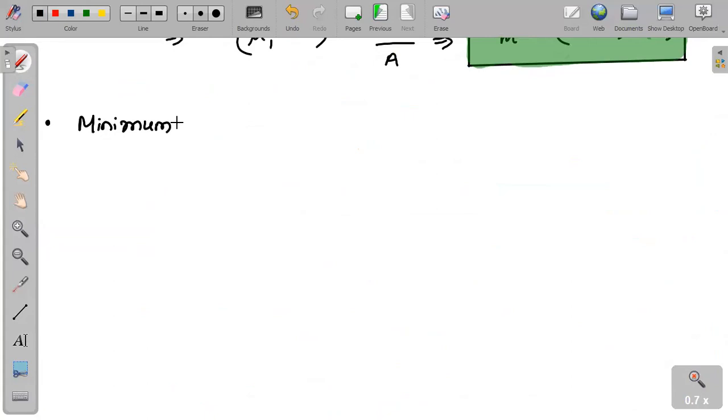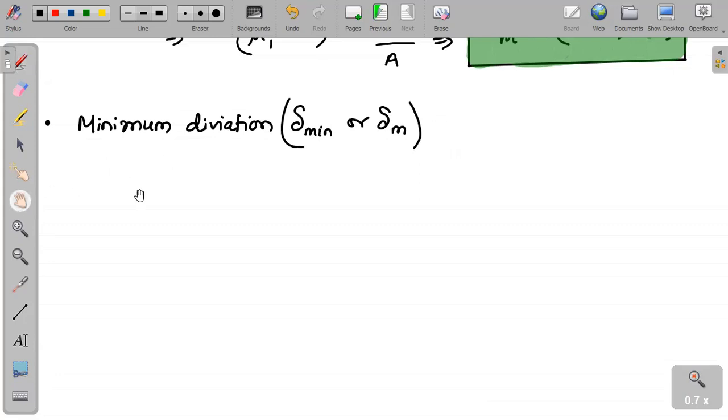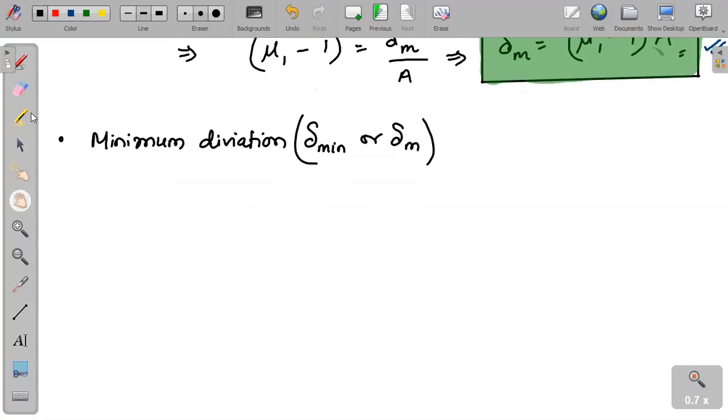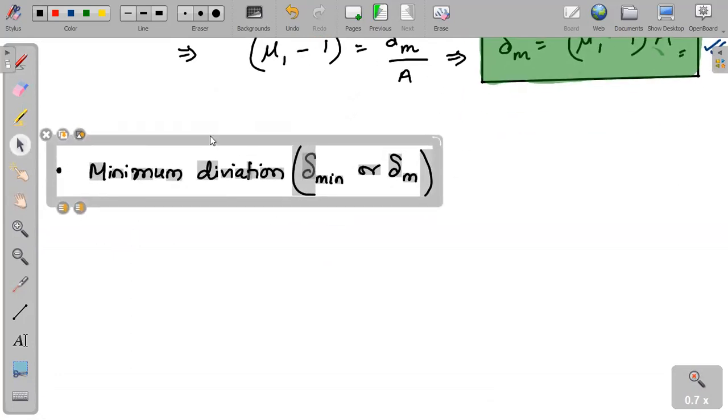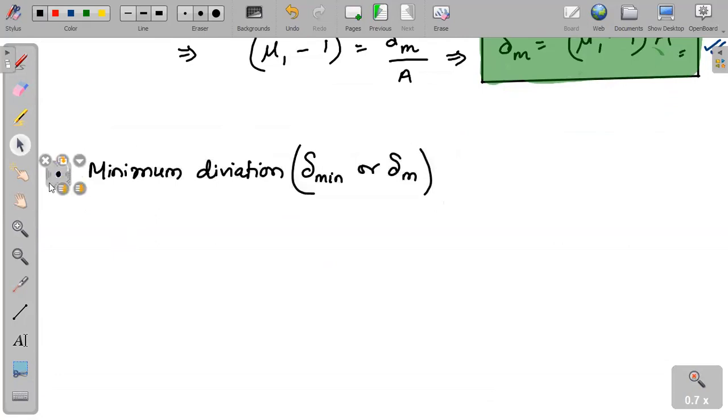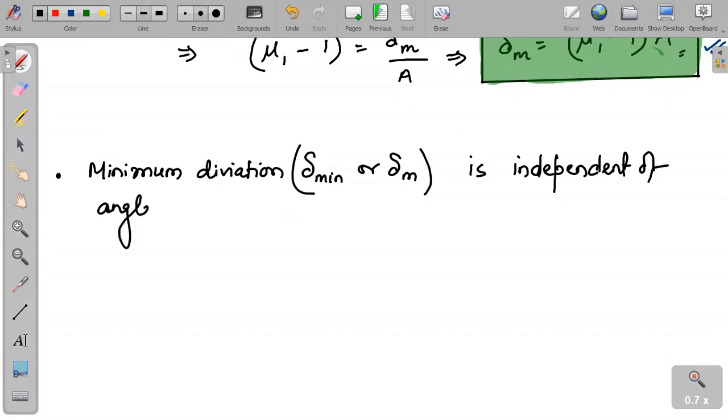Minimum deviation, delta minimum or delta M, is independent of angle of incidence.